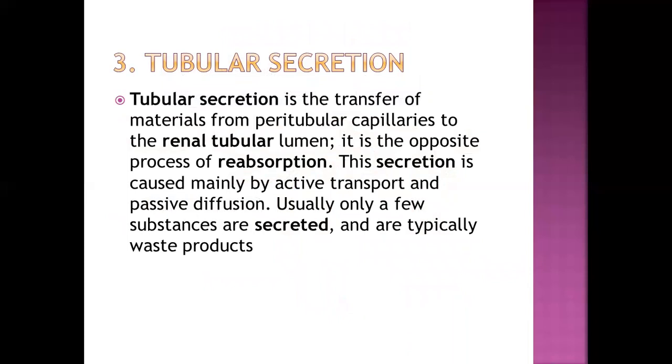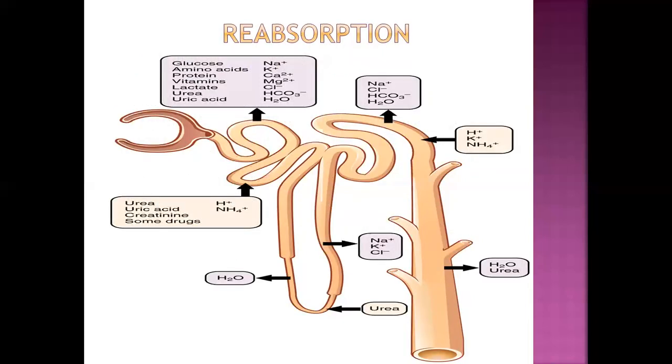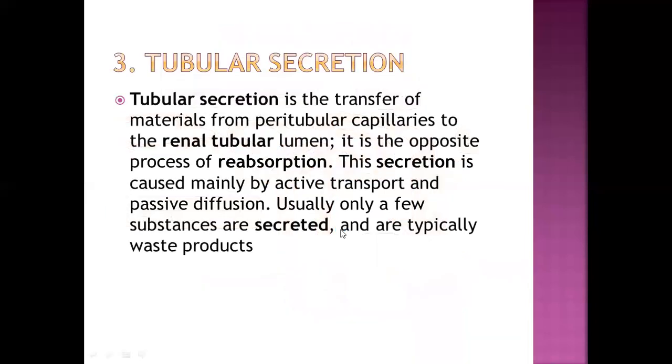Now the third section is tubular secretion. What do we mean by tubular secretion? There are two types of tubes, the proximal convoluted tubule and the distal convoluted tubule. These tubes secrete some chemicals through active transport and passive diffusion.